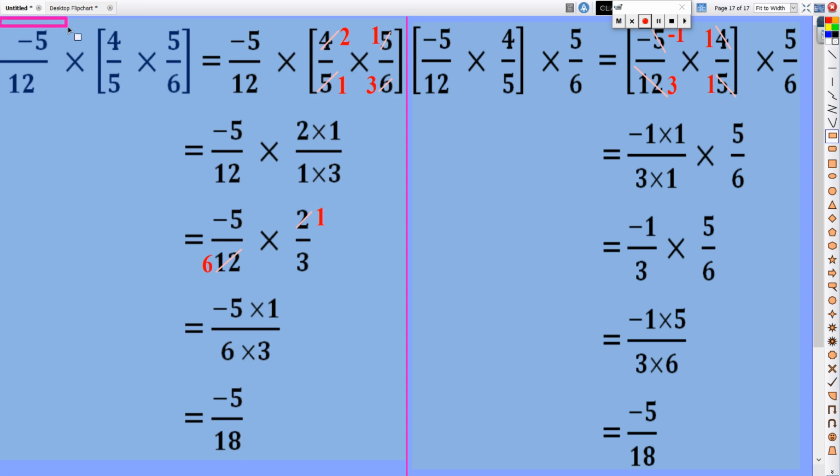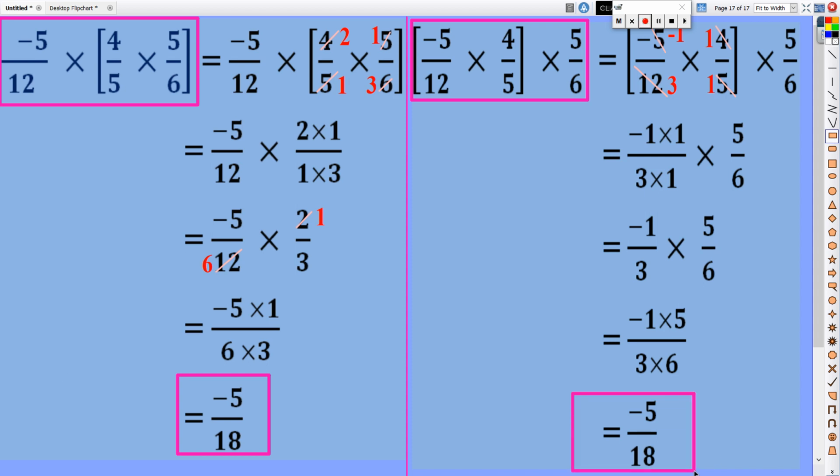Here, when you multiply negative 5 by 12 into 4 by 5 into 5 by 6, you are getting negative 5 by 18 as the answer. Here, when you multiply negative 5 by 12 into 4 by 5 first, into 5 by 6, then also you are getting negative 5 by 18 as the answer.